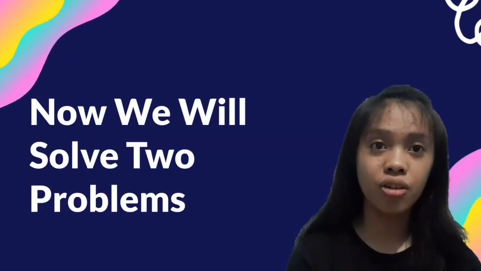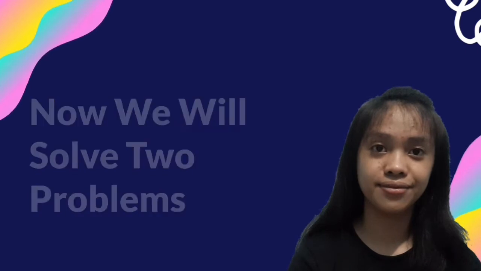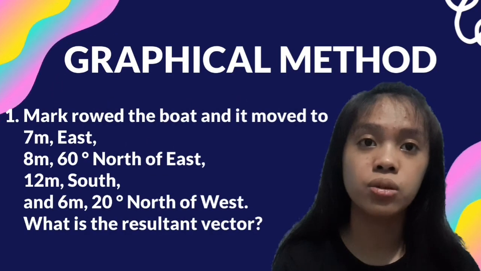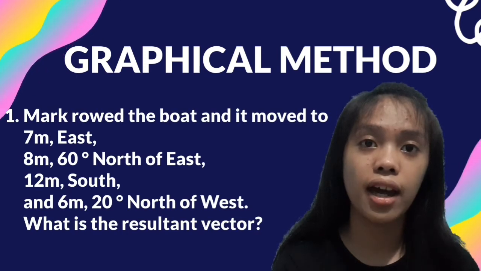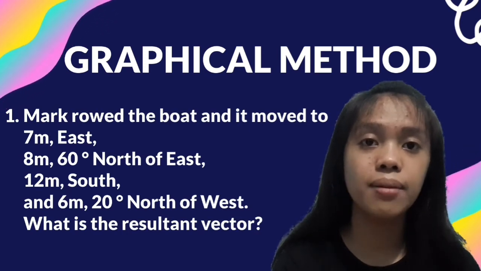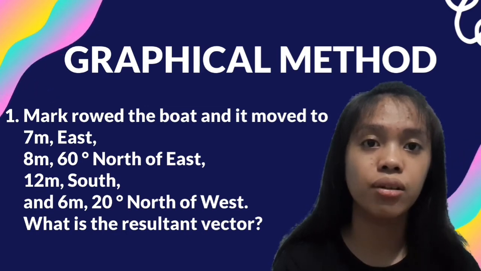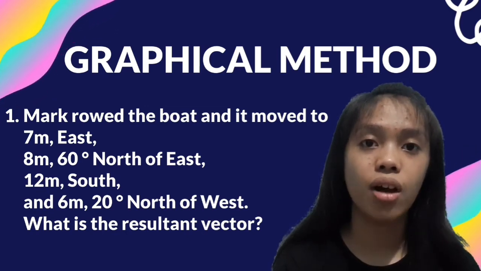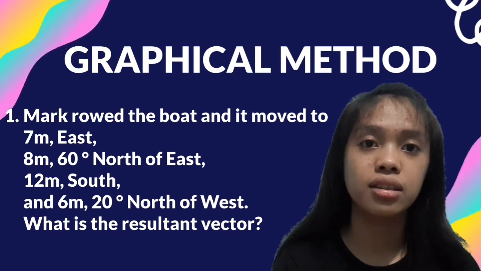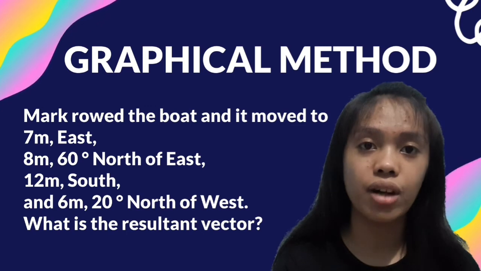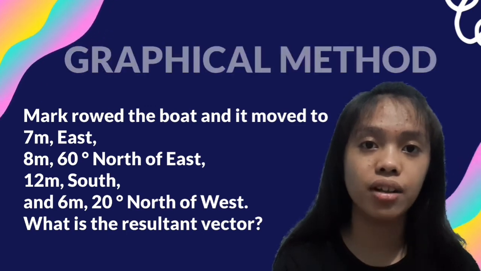Now, we will solve two problems. Our problem with the graphical method is: Mark rode the boat and moved 7 meters east, 8 meters 60 degrees north of east, 12 meters south, and 6 meters 20 degrees north of west. What is the resultant vector?